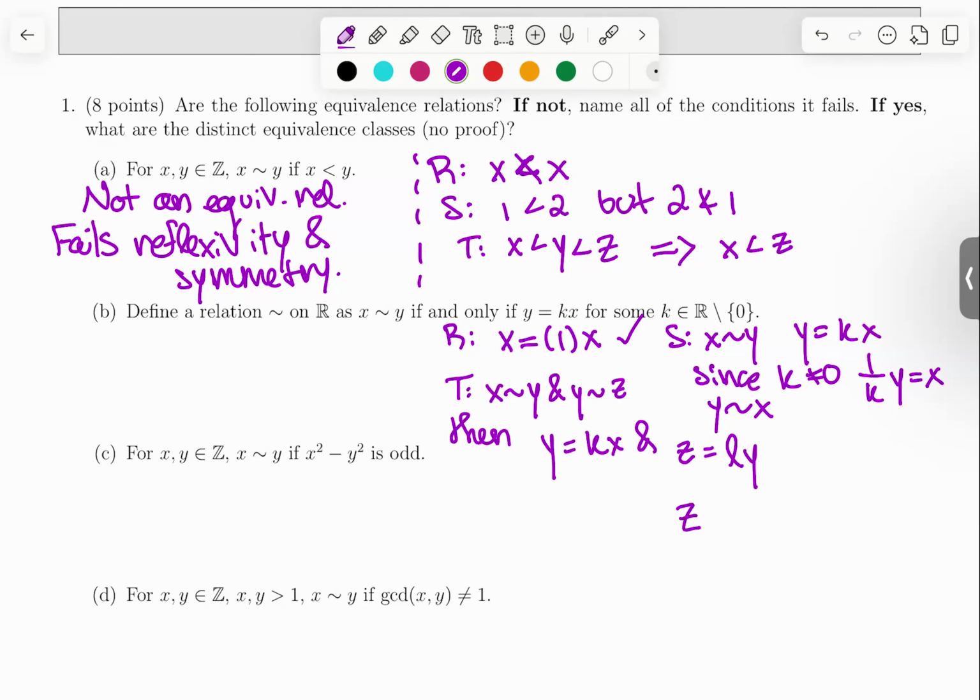So z equals k times l times x, which is a non-zero real number. Yes, it is an equivalence relation.